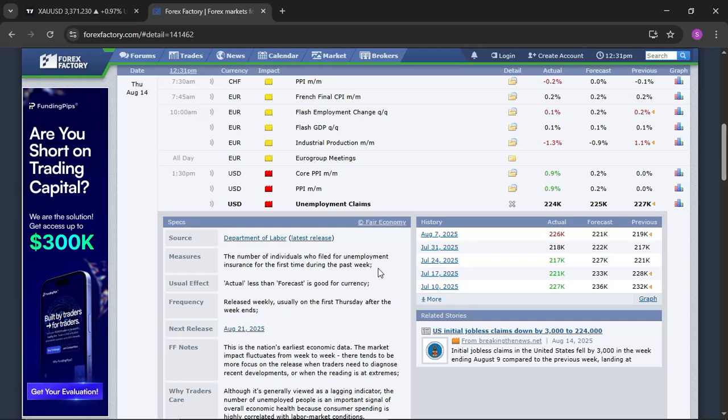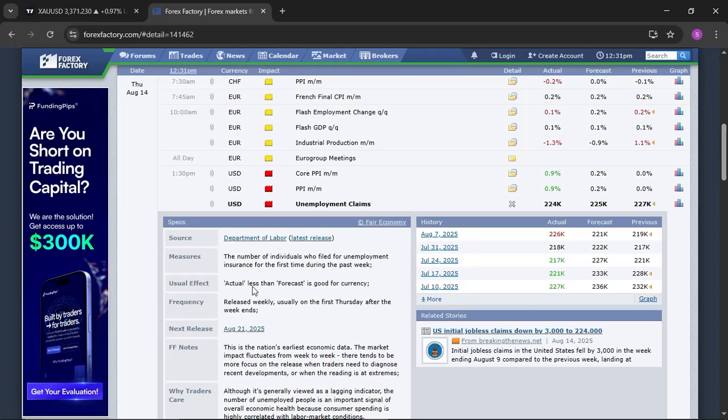Now the effect is the opposite of that, which is actual less than forecast is good for currency. The forecast was 221. That is, the previous week 219 people went, and we are forecasting that 221 people are going to submit their unemployment claim, but then 226,000 people come and drop their unemployment claims.